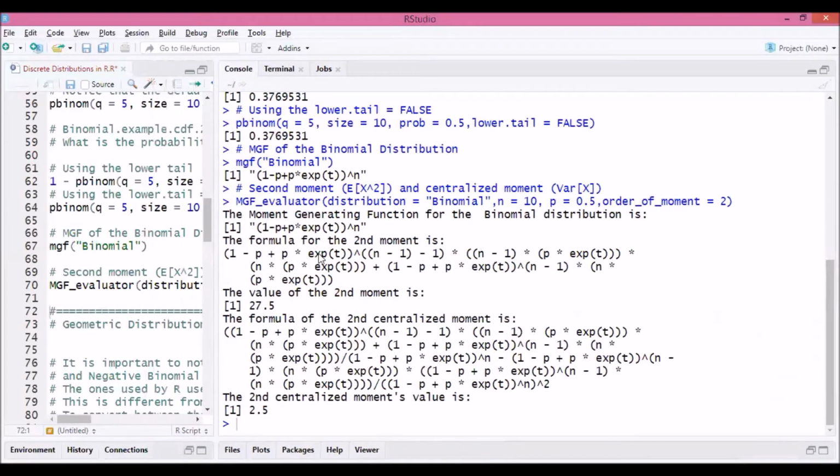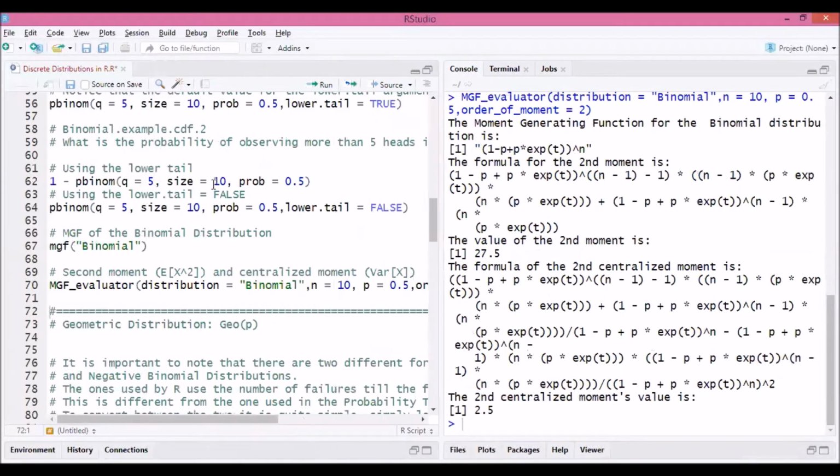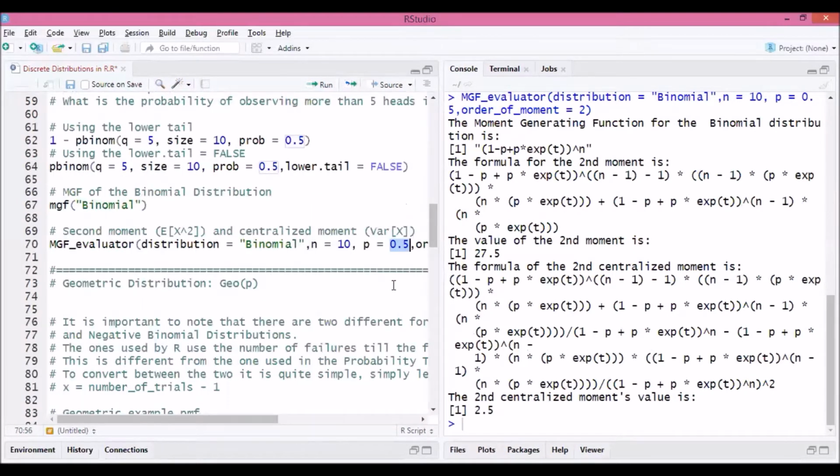As n was specified to be 10 in this case, and p is 0.5, it's 10 times 0.5 squared, which is 10 times 0.25, which is equal to 2.5. So that's how we evaluate the moments of the binomial distribution using the moment generating function evaluator function.